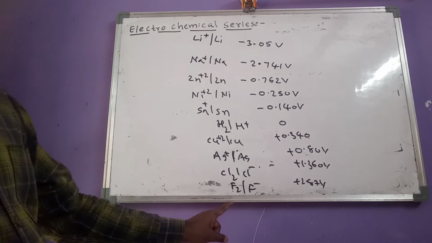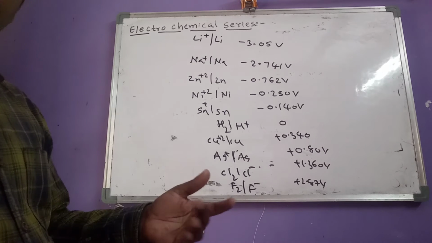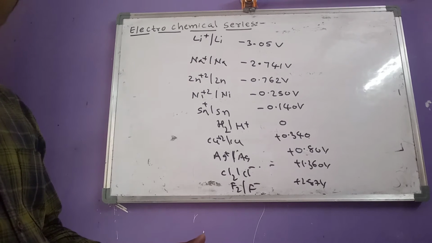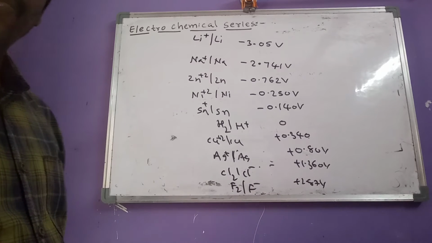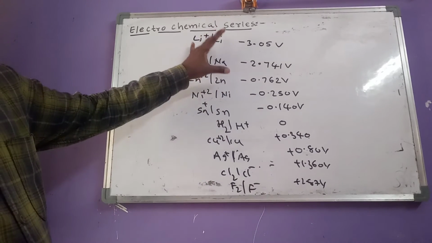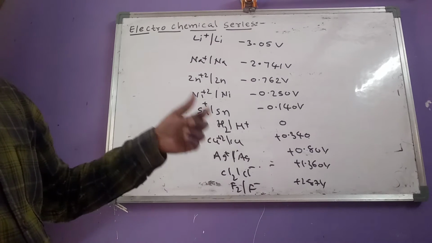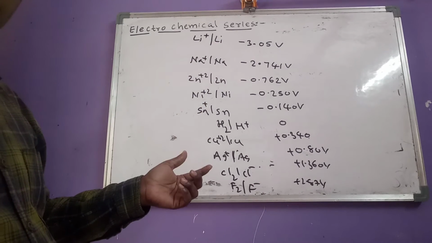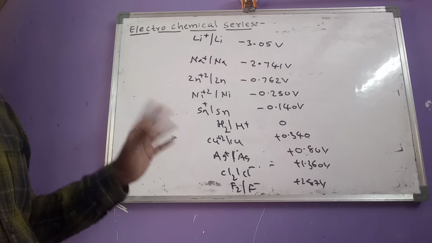And if you come to fluorine electrode, it has high positive E0 value, or simply highest E0 value. So we have to compare that negative potential with positive potential, which acts as oxidizing agent or which acts as reducing agent. Let us check here.